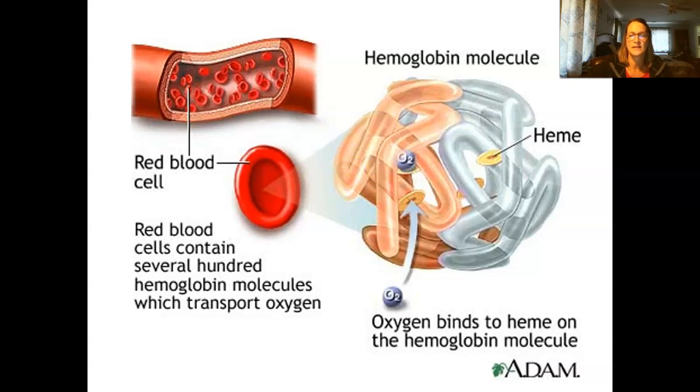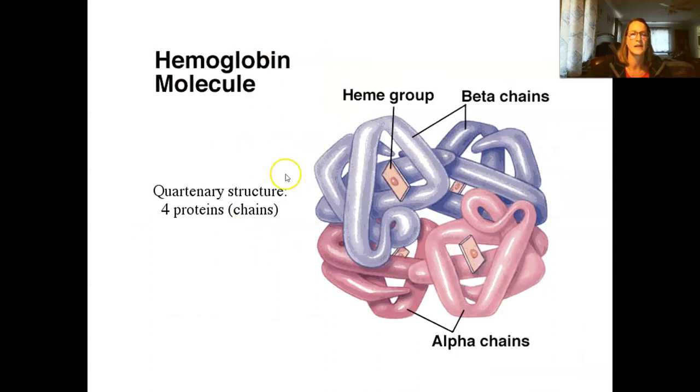And I think the next slide shows this a little bit better, but they're made up of multiple protein chains, 4 of them. And I don't care if you know what they're called, alpha chains and beta chains, that doesn't matter. But you should know that each molecule of hemoglobin has 4 of these little things called heme groups. And these heme groups are what bind the oxygen. Okay, so that's why you need to know.